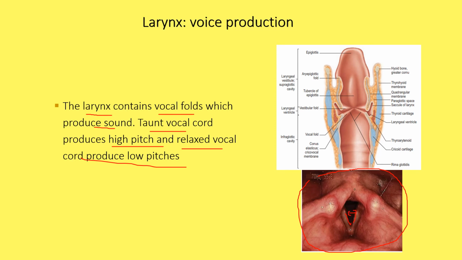The rima glottidis can become wide or narrow depending on the vocal cord itself. And this is another view of the larynx, the sagittal view, where you can see the presence of the vocal cord, the vestibular fold, and the rest of the cartilages of the larynx.